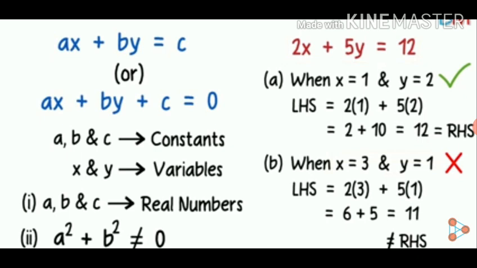But in part B, when we substitute x is equal to 3 and y is equal to 1, both the left hand side and right hand side are not equal, so it is not the solution of the equation. So the solution is the set of values of x and y. When we substitute those values, our left hand side is equal to right hand side.